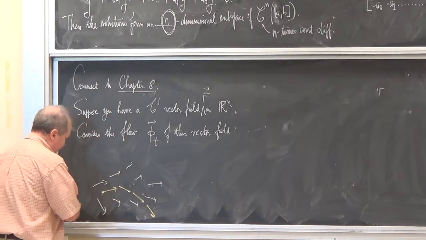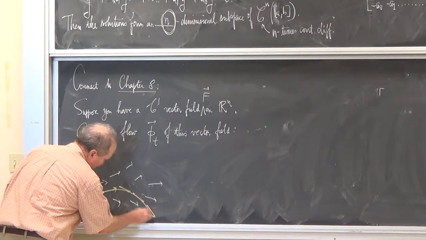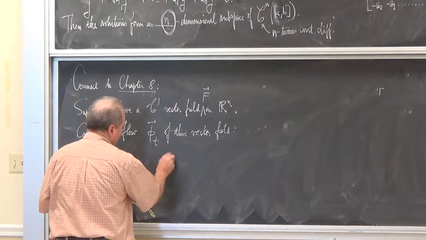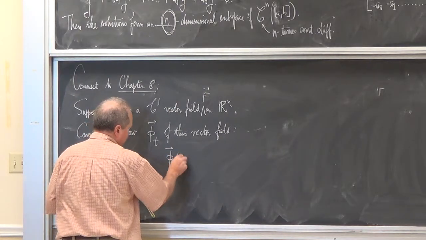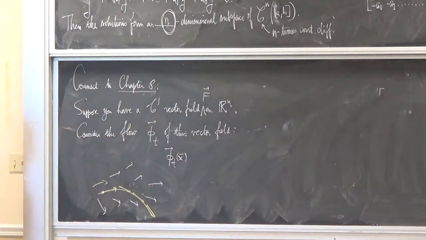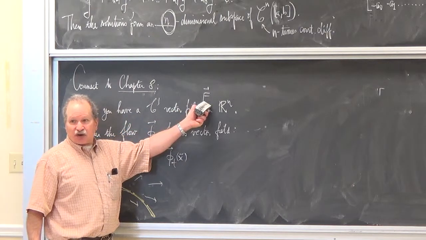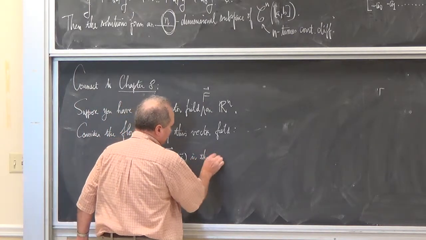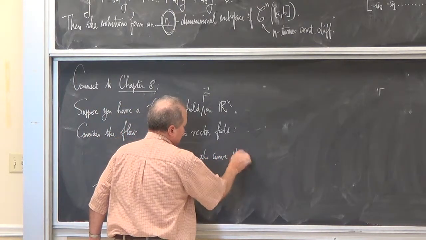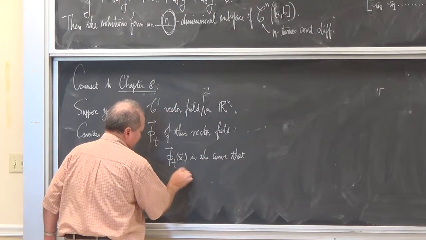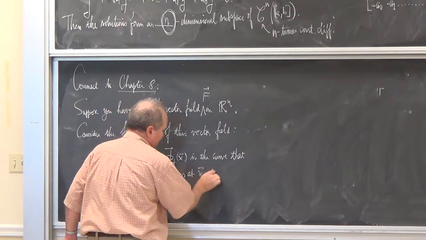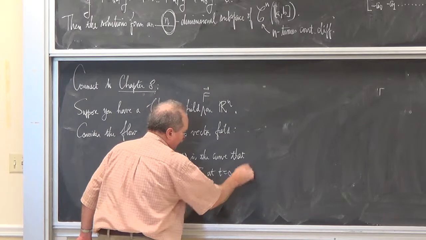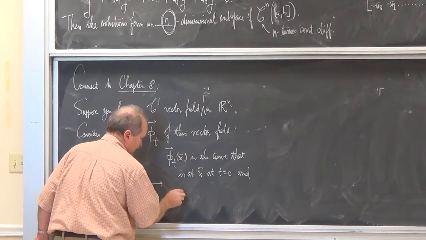So the curve is going to be: start at a point x and follow the vector field as your velocity vector at each point. So phi t of x is the curve that starts at x and follows with its tangent vector.